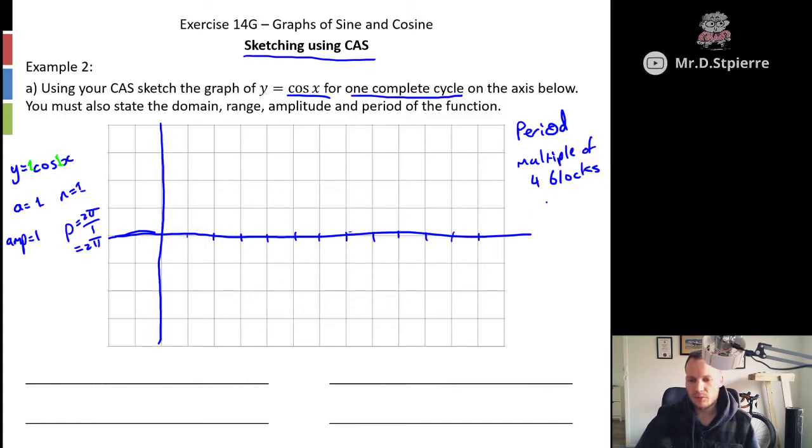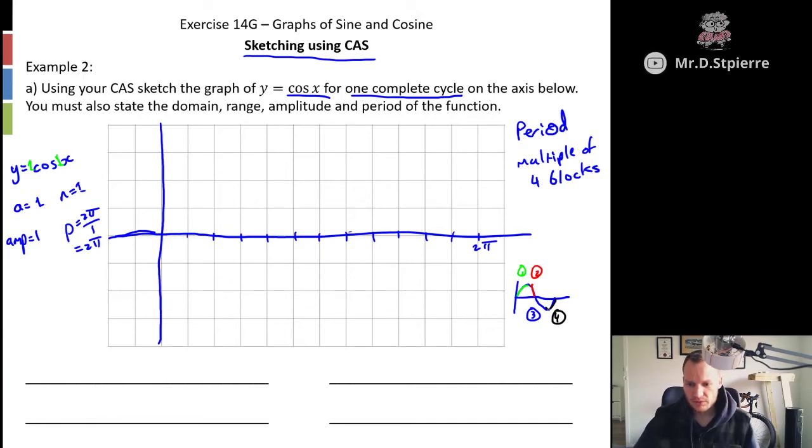And the reason I make it a multiple of 4 is a sine or a cos graph effectively always has 4 parts. So we always have our first part, second part, fourth part, and then there's that third part in there.